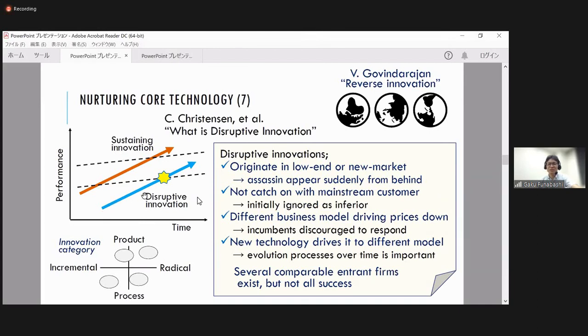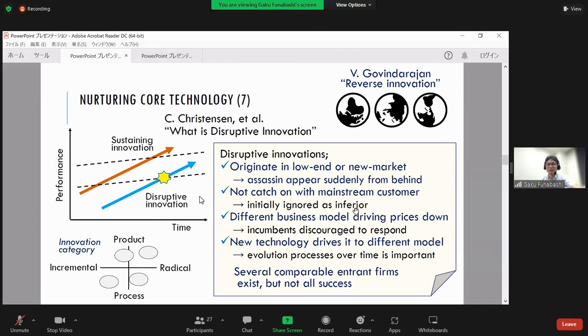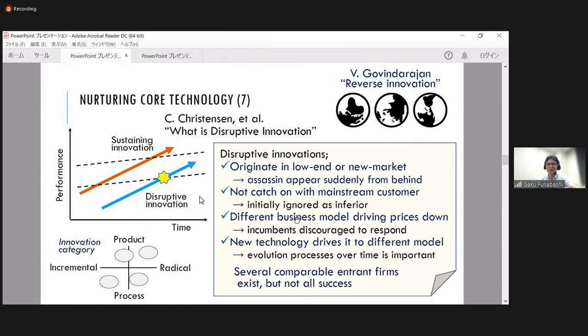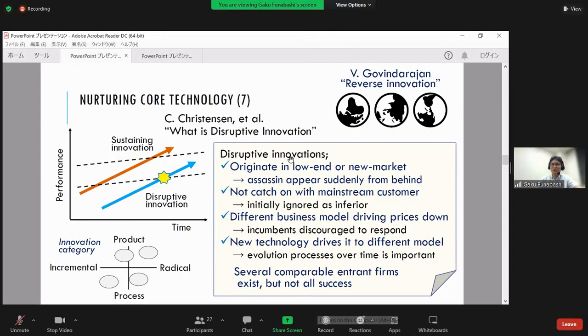Again, first, they don't try to target the same customers as ordinary taxi companies. They try to target something else. They had totally different business models, driving prices down. The price is very low. That is why many customers seeking low-cost services use it, but ordinary customers do not.